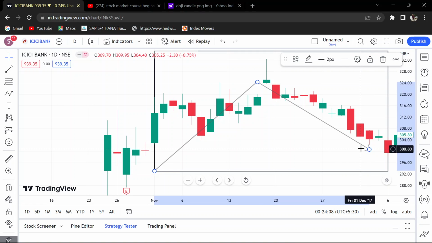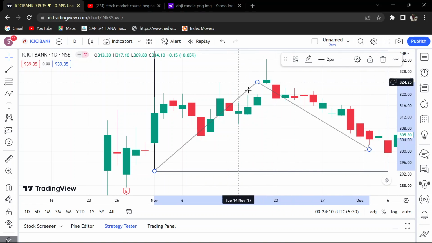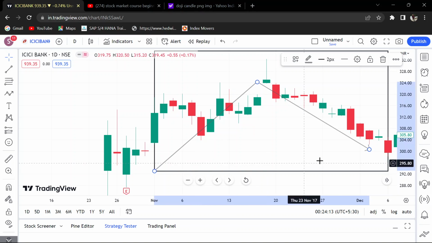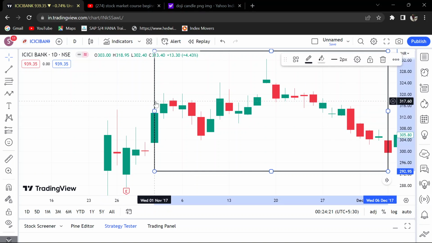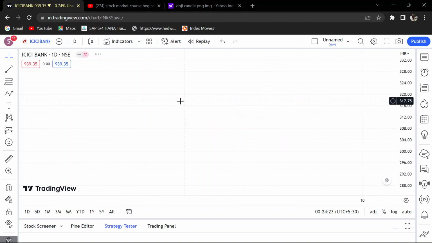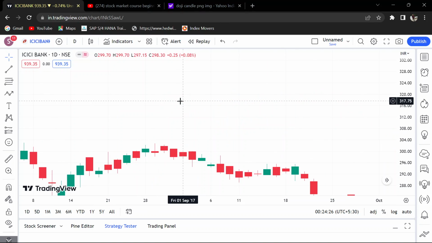You will consider a shooting star if it formed at the top. If it formed at the bottom, you will not consider it a shooting star. Okay, so these are the most important types of candles.